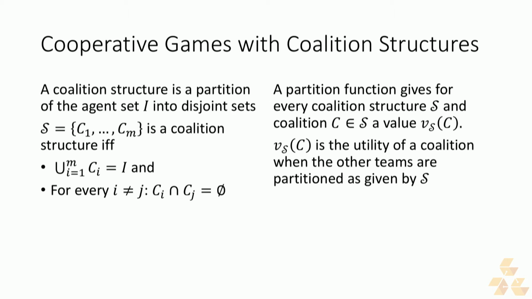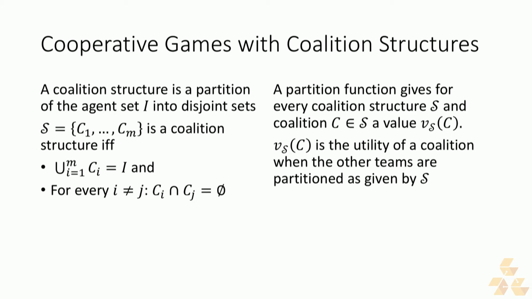Again, we have a set of players, and we define the coalition structure to be a way to divide the players into teams. We have one constraint: every player must be part of exactly one team. We don't allow players to be part of 2 teams, and a player cannot be out of any team.